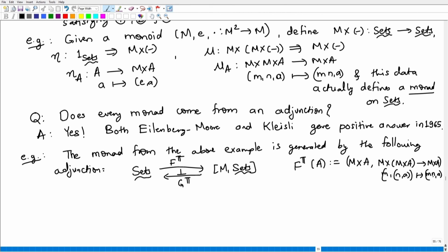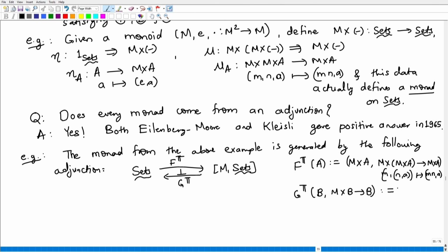This is the action. It takes (m, n, a) to (mn, a). And G upper T is always taken from, let's say, the underlying set of the monoid act together with the action map.